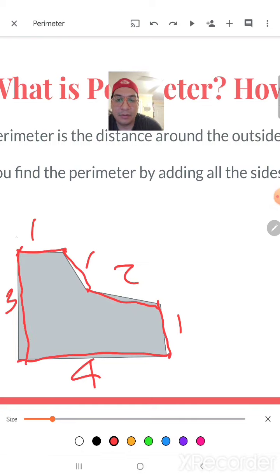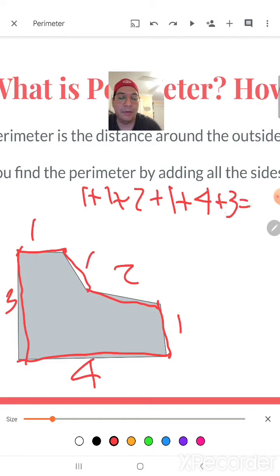So my numbers are 1 plus 1 plus 2 plus 1 plus 4 plus 3 equals whatever it is.